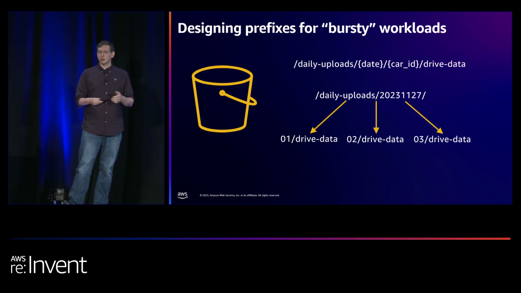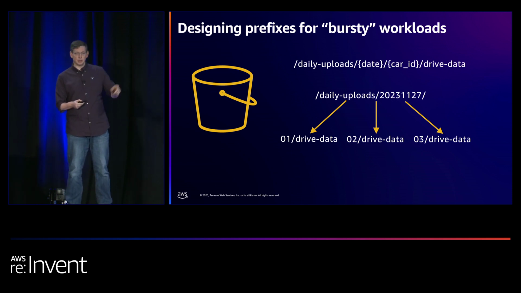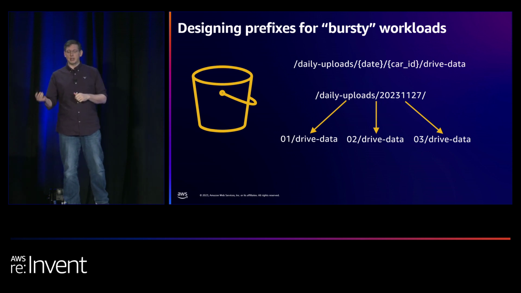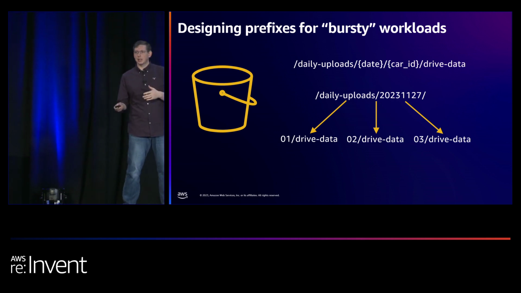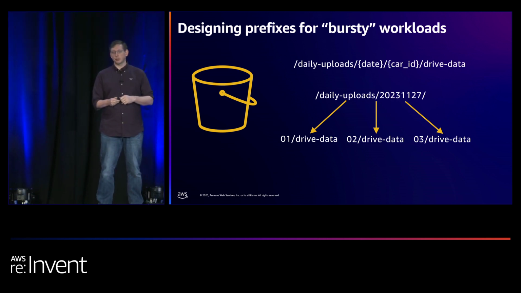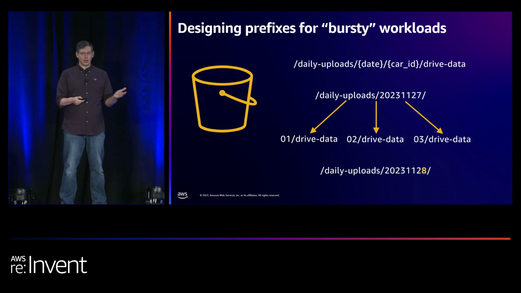But S3 will learn the traffic patterns and will notice that there's a place to split the incoming traffic. Again, in our case, it'll be here on the car's identifiers. And by the end of the evening, each car or group of cars will have dedicated allotments of that 3,500 TPS of puts.